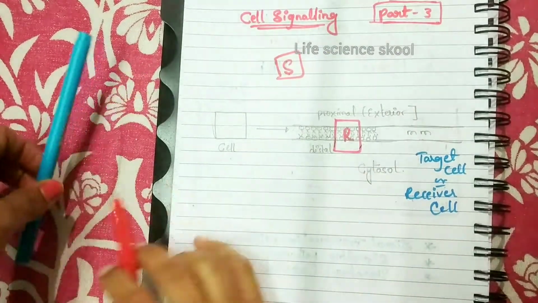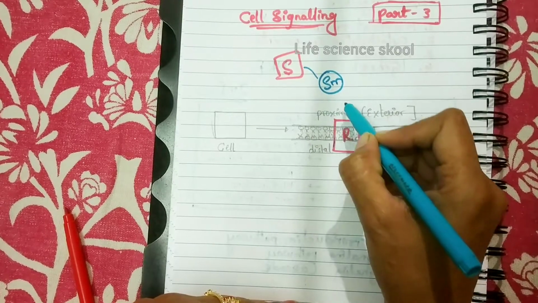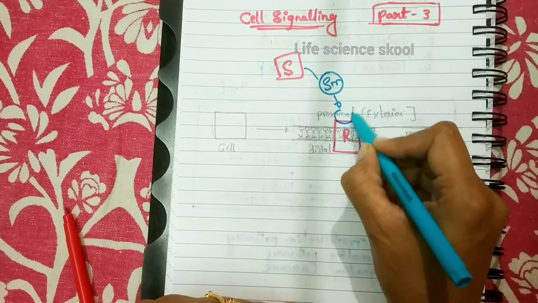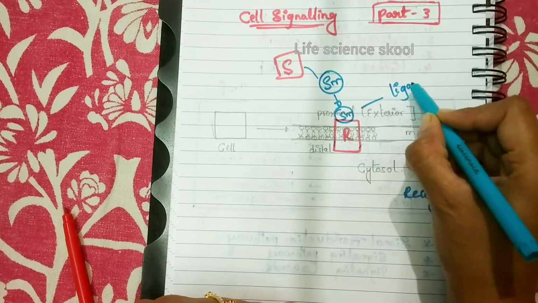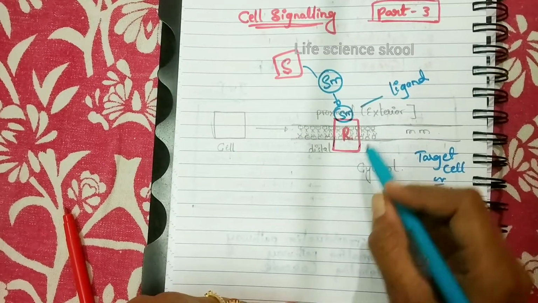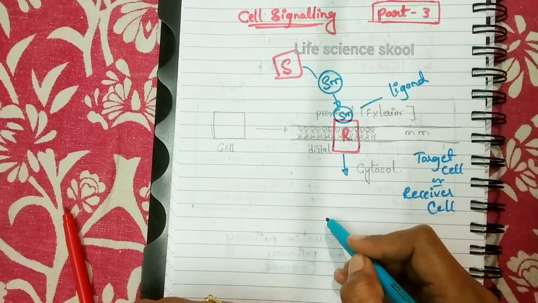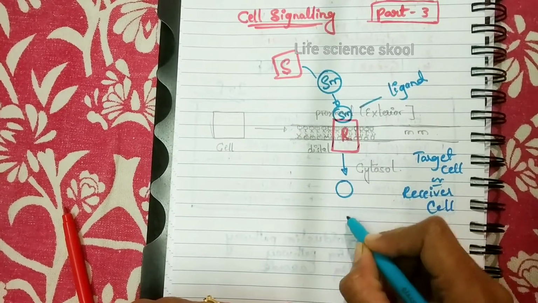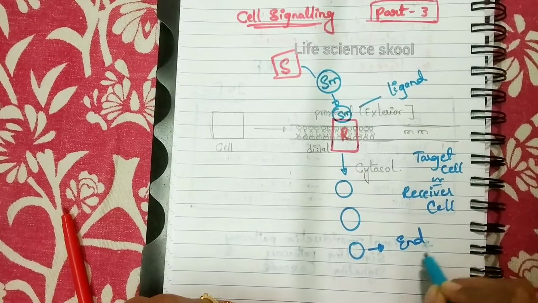The sender cell sends the information via the signaling molecule, and the signaling molecule comes and binds with the receptor and forms a ligand-activated receptor. Now this helps in activating signaling pathways, and this one will become the end target.